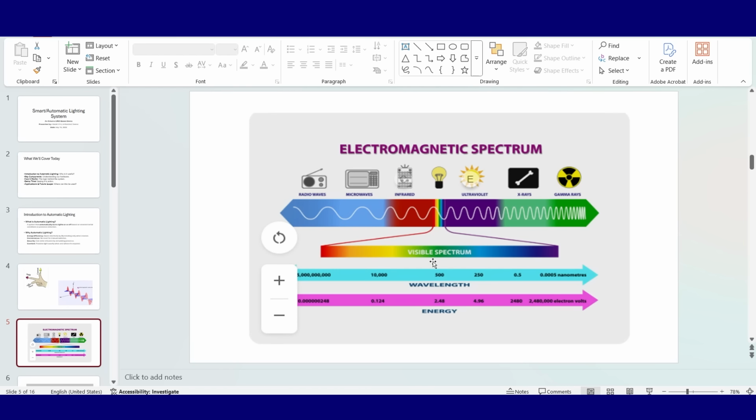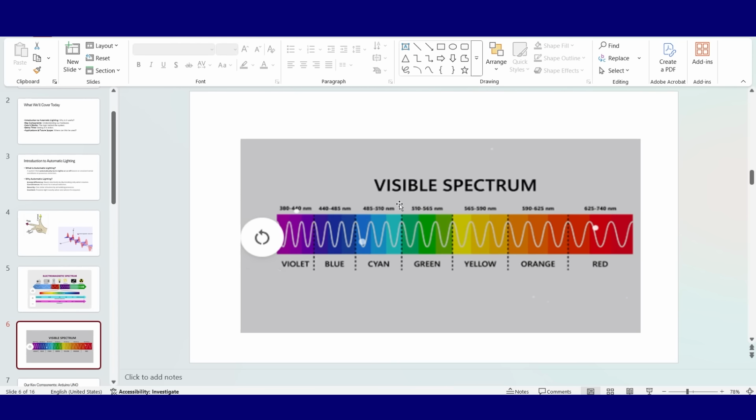And it includes all the colors: violet, indigo, blue, green, yellow, orange, red, all the 7 colors. Here is the picture of the visible spectrum: violet, blue, cyan, green, yellow, orange, red. We'll start from red till violet, because you see the wavelength starts decreasing from right to left.